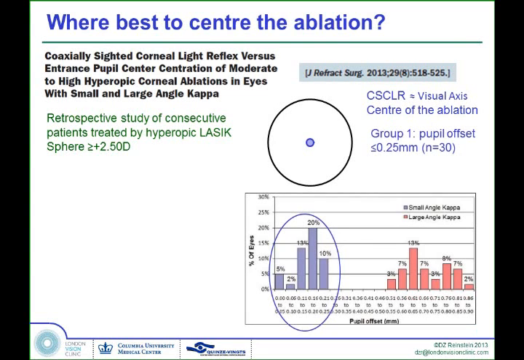We had two groups of patients. The first group had a small pupil offset, meaning that the corneal vertex and the pupil center were within 0.25 millimeter. The second group had a large pupil offset, more than 0.55 millimeters. So we had two discrete groups.